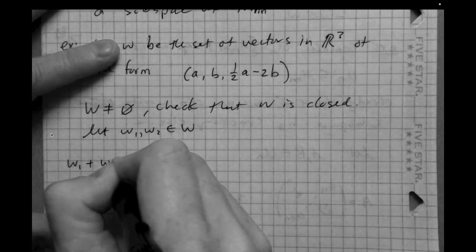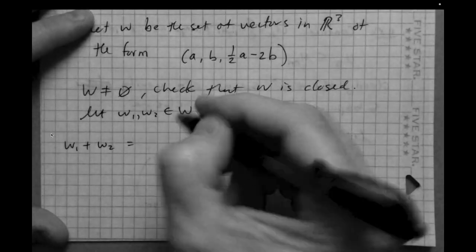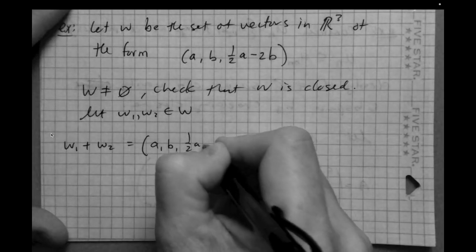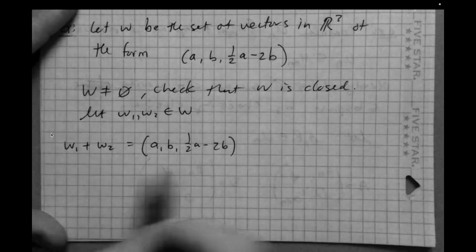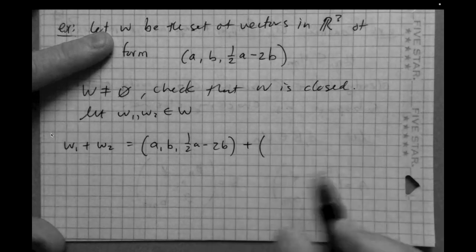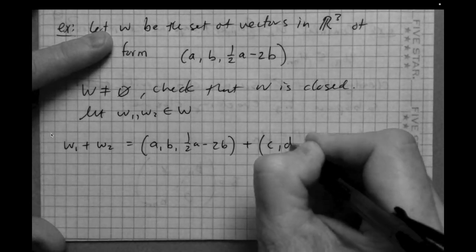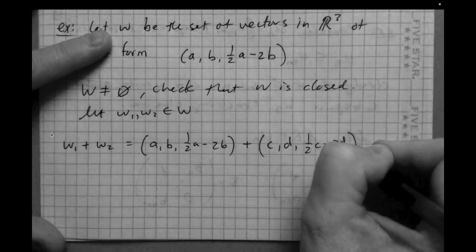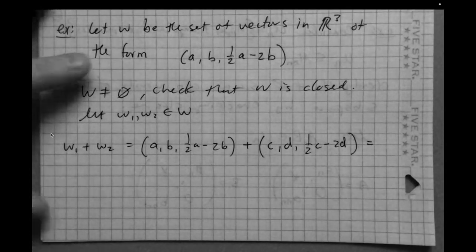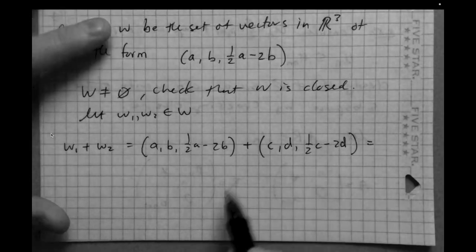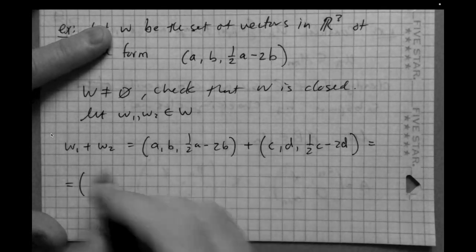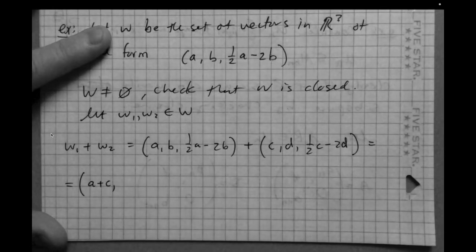Okay, and we'll just add them together. W1 plus W2, right? And let's write them out. So it'll be A, B, and then 1/2 A minus 2B. We'll call that W1. And then W2 we'll just say is C, D, 1/2 C minus 2D. Okay, now let's add this up and see if it maintains that same property. Okay, so what do we get here? A plus C is the first component.